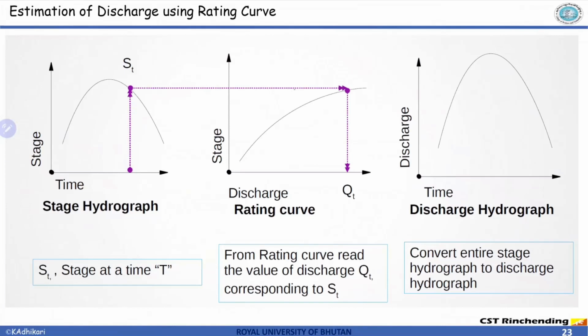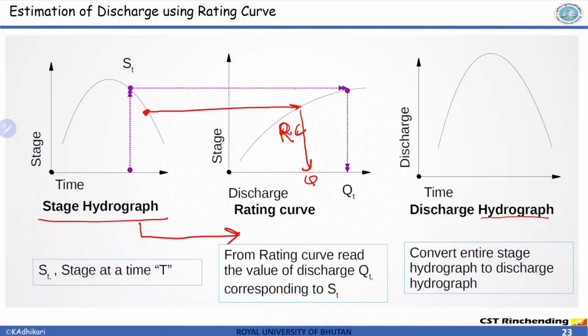And once we have the stage hydrograph and stage discharge, this is what you call the rating curve. Once you have the rating curve, you simply take this value, and then you can find the value of Q. Likewise, we can have the complete hydrograph, which we call the discharge hydrograph, and the hydrograph that shows only the stage value is known as the stage hydrograph. Okay, so to convert the stage hydrograph to a discharge hydrograph, we need a rating curve.